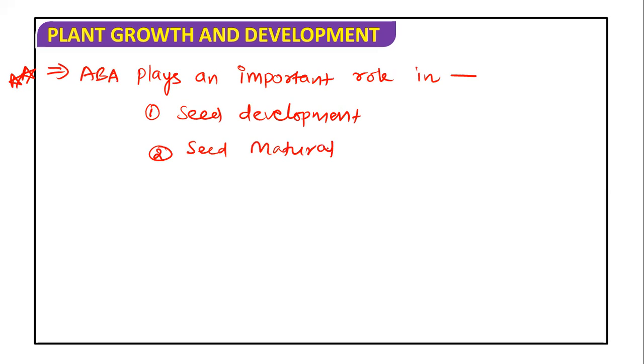So these are the two important things in which ABA plays an important role. Normally it inhibits seed germination, but it has an important role in these two things. And it reduces transpiration. Because of this, we call it an anti-transpirant. So that is all about abscisic acid.